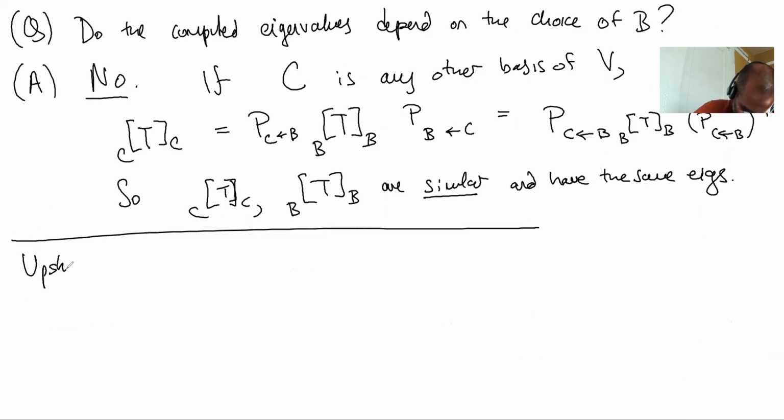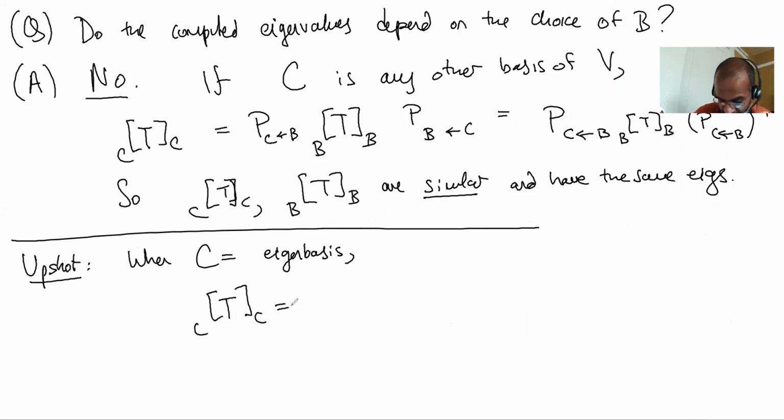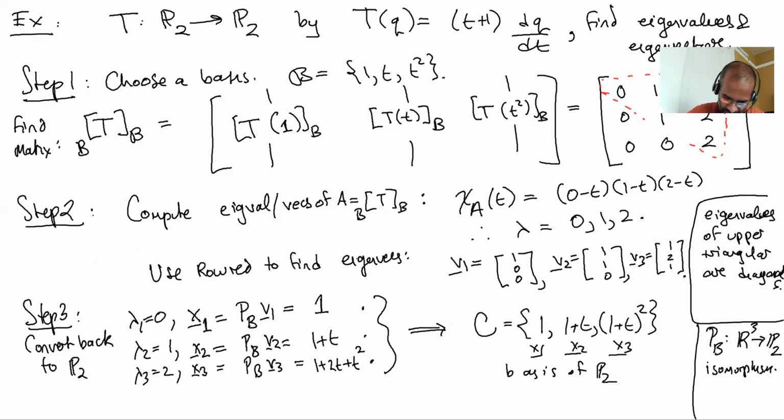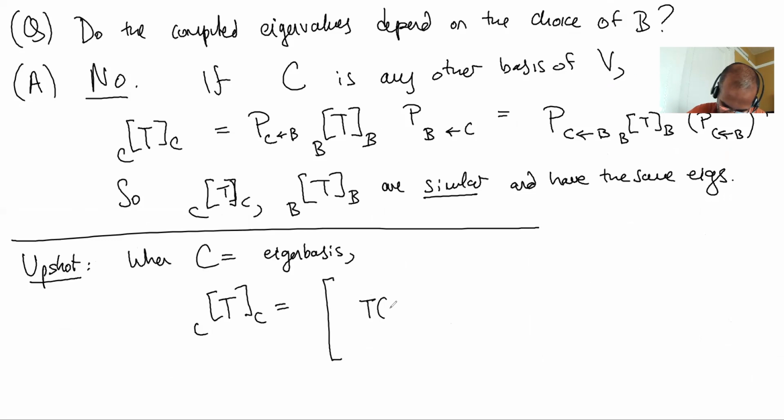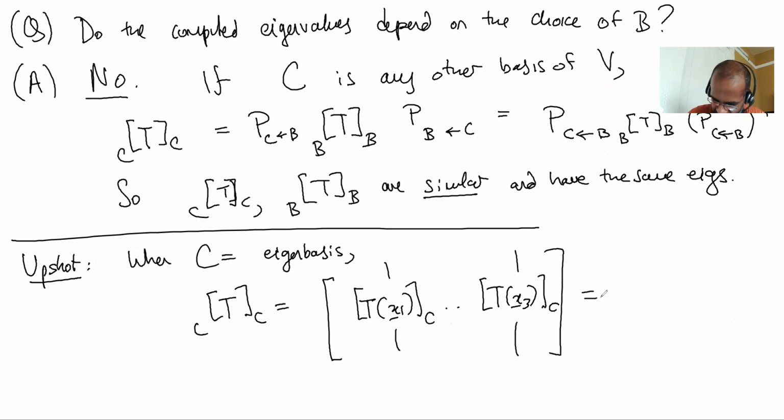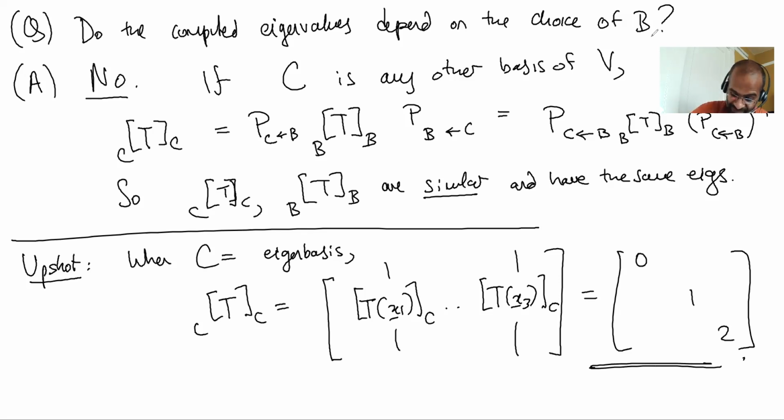So the upshot, when C is the eigenbasis, the matrix of T with respect to the eigenbasis is diagonal, as you would expect, right? So it's T of x1 in this eigenbasis all the way up to T of x3 in this example, which again by the eigenvalue equation is just going to be 0, 1, 2. Okay, so it's a general principle that the matrix of a linear transformation with respect to an eigenbasis is diagonal.